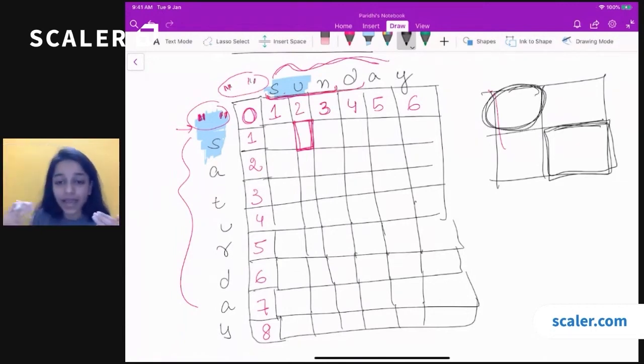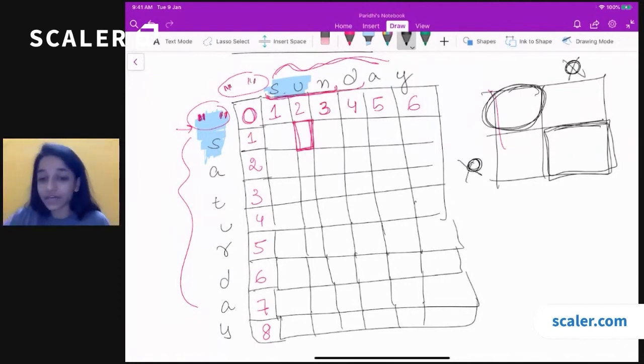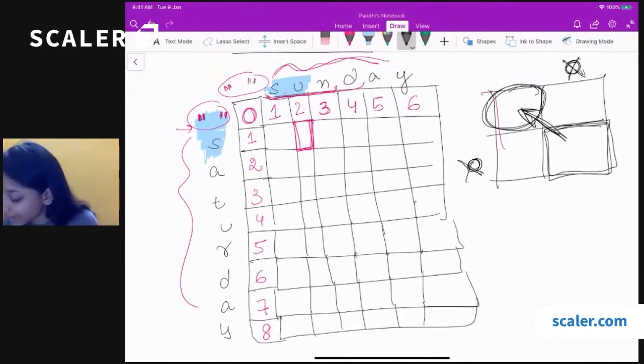When can I ignore the current characters? When the character at this place and this place are the same, then we can ignore them and take whatever the value was previously.